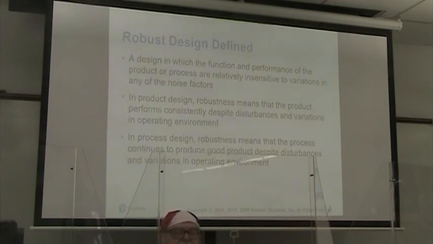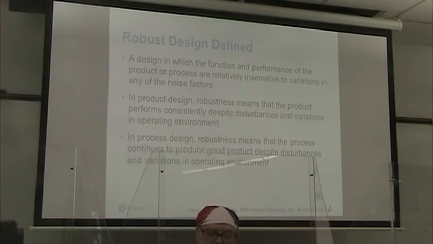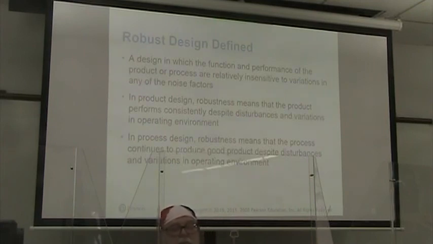In product design, robustness means that the product performs consistently despite disturbances and variations in operating environment. In process design, robustness means that the process continues to produce good product despite disturbances and variations in the operating environment.